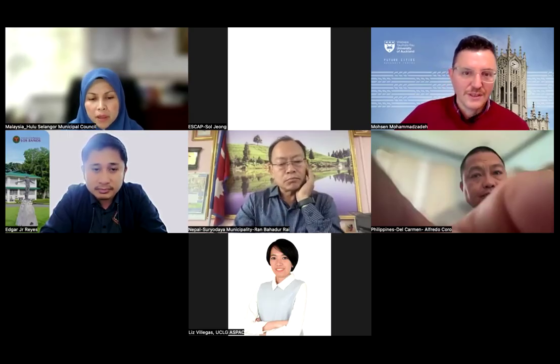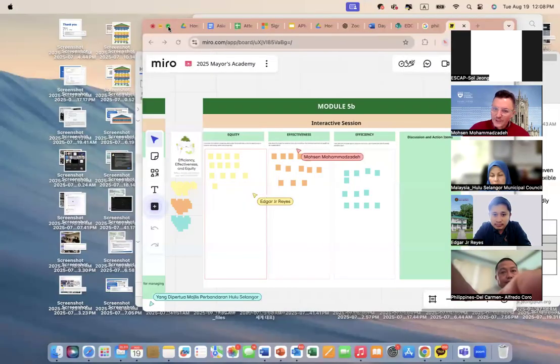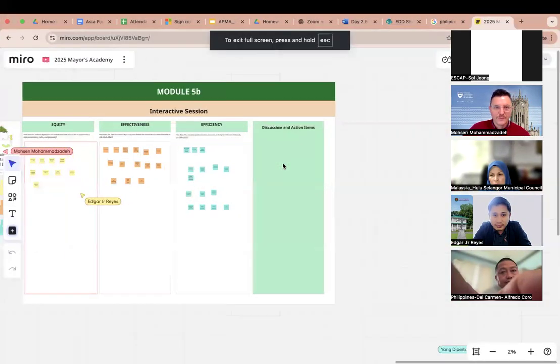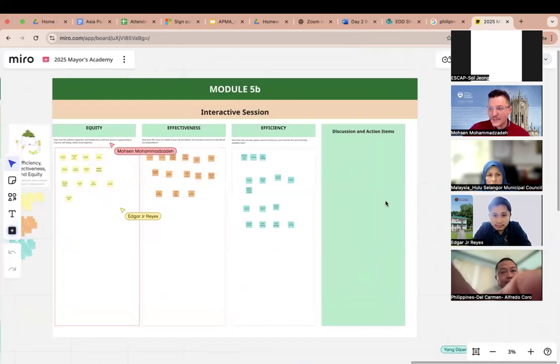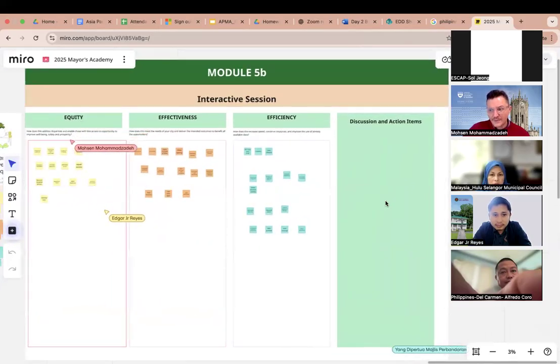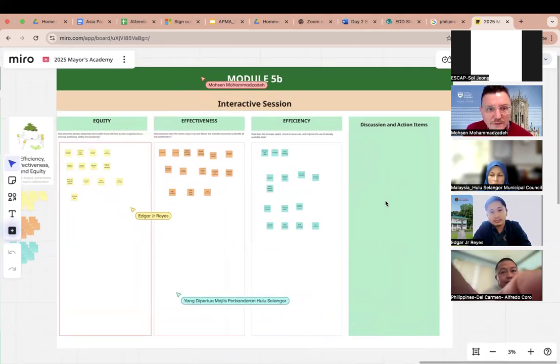In the homework you kindly worked on during the last 2 weeks, you worked on a particular type of project, and based on that, you prepared an explanation: how that particular technology can create equity, efficiency, and effectiveness in your community and in your cities. But let's start with one of the mayors.